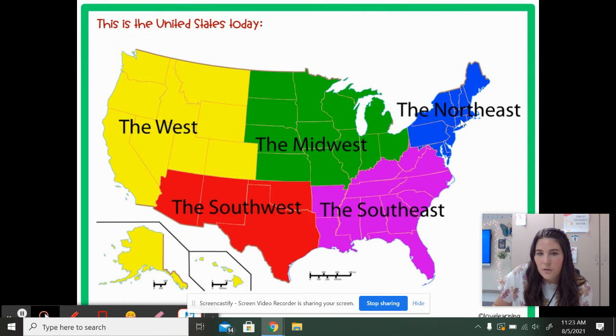And then we have the northeastern, the Midwest, the Southwest, and then the West in and of itself. And then we understand that this is Alaska, which is really up in the top left corner of the original map, and then Hawaii off the coast of California. They bring in the map Alaska and Hawaii because they are pretty far off of the United States land.